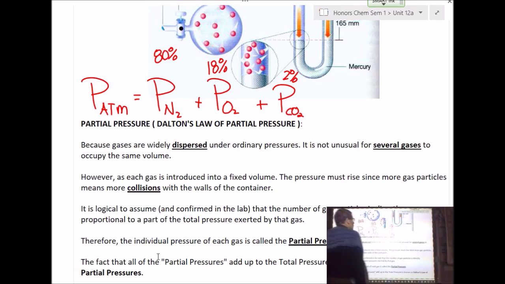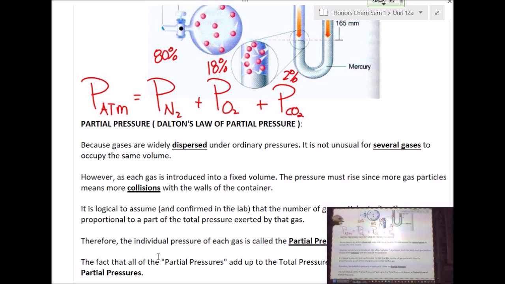So when we talk about atmospheric pressure, we know that for this sample of gas we have three major gases. Let's pretend these are the only gases present in the atmosphere. They're not, but these are the big ones.